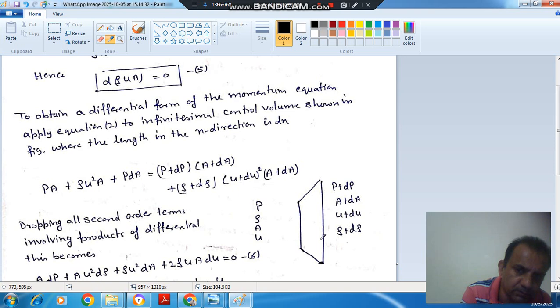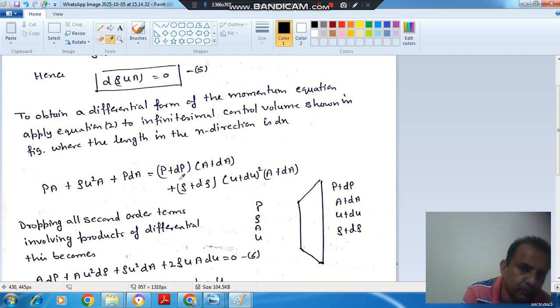Okay, so this will also be in this direction. Now for this part, the pressure force is P plus dP into A plus dA, and the momentum flux is rho plus d rho, U plus du whole square, into A plus dA. Okay, so this is the momentum per second here. So this will be the differential form of the momentum equation. If we drop the second order terms and products of differentials, then this equation can be simplified.